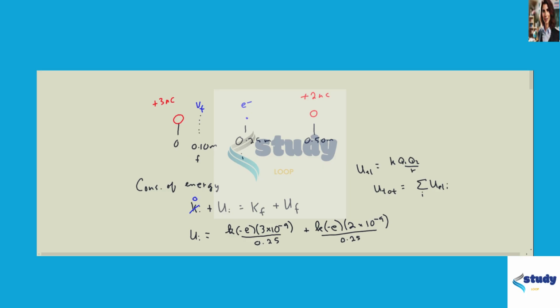We can use the standard value that k is 8.99 times 10 to the ninth in SI units. And here I'm going to see that the 10 to the ninth will cancel the nano in nanocoulombs, so I'm going to make things a little bit easier.